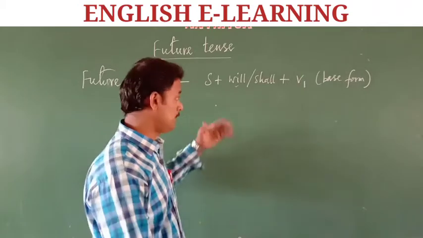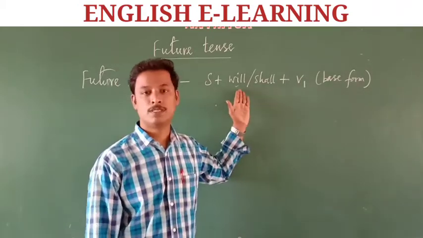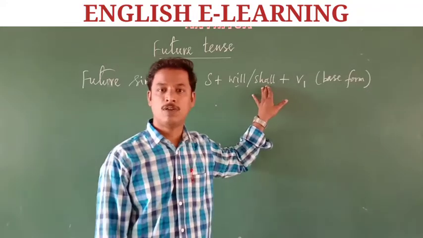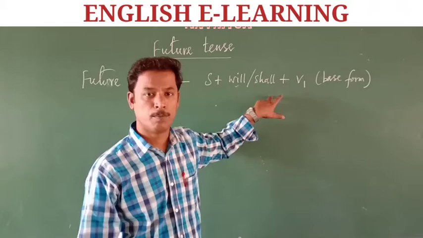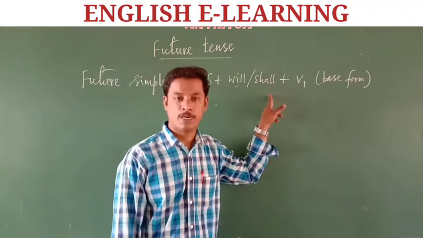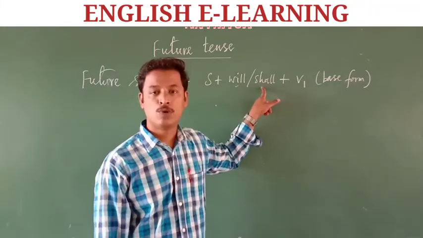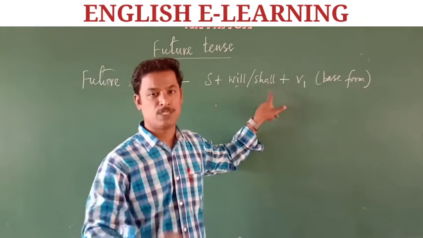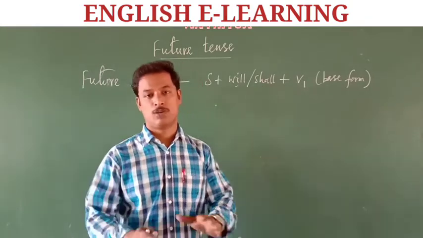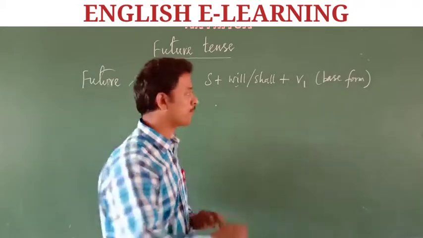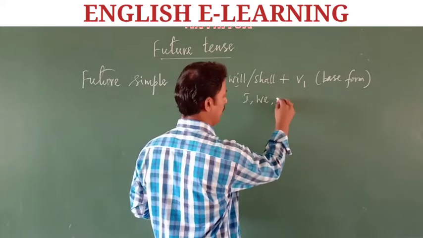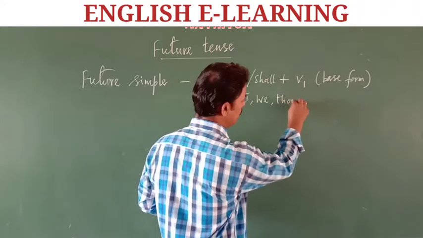We can use any subject before this modal will, but we must be very careful while using this modal shall, because this modal shall should be used after three subjects only in modern days. They are I, we and thou.